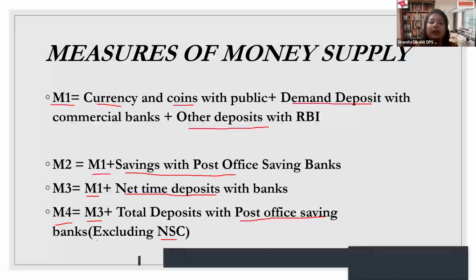Again, it's a one marker: what is not at all a part of money supply? So you can write NSC, because in any of the measures, we are including everything: deposits with the commercial bank, post office bank, time deposits, everything except NSC. So M1 is the most narrow concept and M4 is the broadest concept.